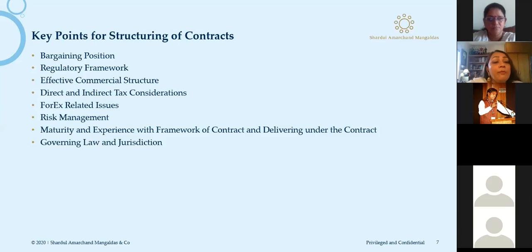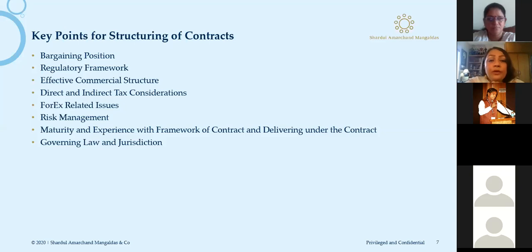Next, a very important point: direct and indirect tax considerations. How we structure the contract also has severe tax implications. And a lot of businesses are able to structure contracts very well to get maximum tax benefit.